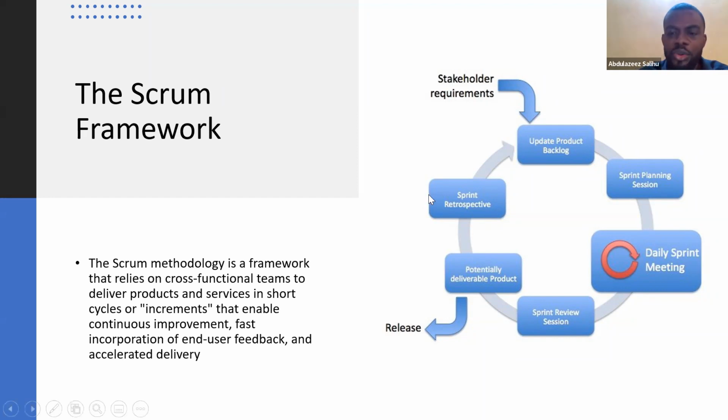You need to have your sprint retrospective, where you look at yourself as a team and ask yourself the gospel questions. How are we doing? What have we done very well? What do we need to improve upon?